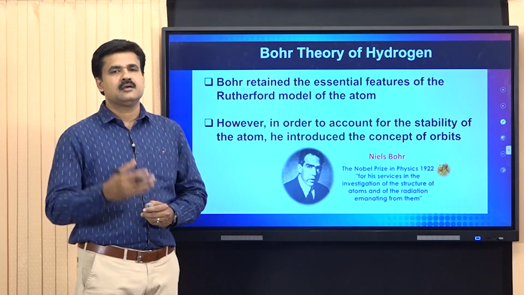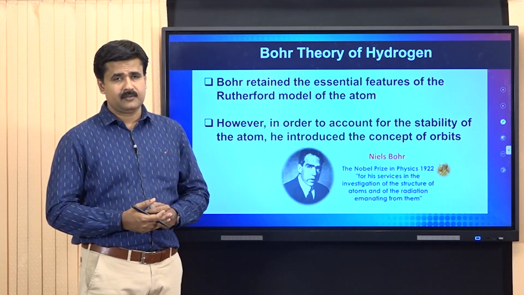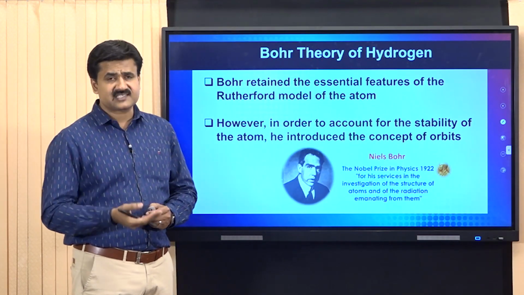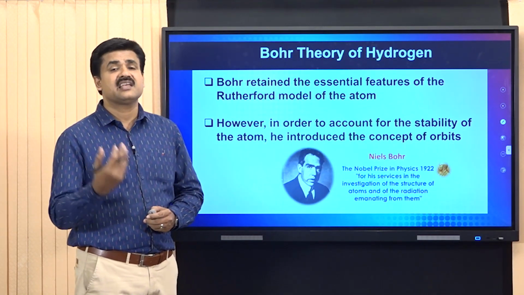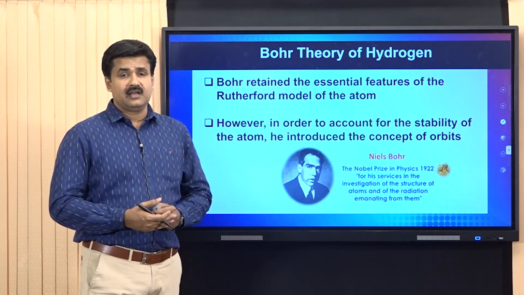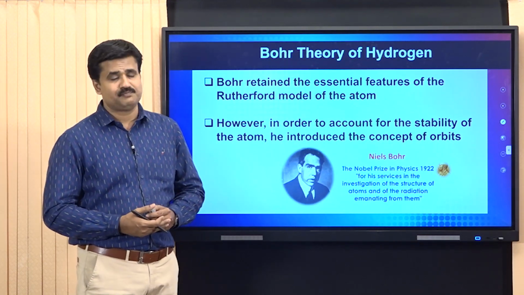This implies that prior to Bohr theory, there was the Rutherford model. The Rutherford model of atom is based on a famous experiment known as alpha ray scattering experiment. And the Rutherford model fails to explain the stability of an atom.